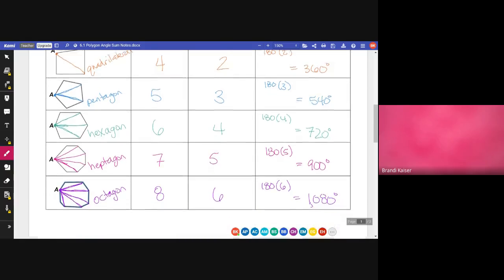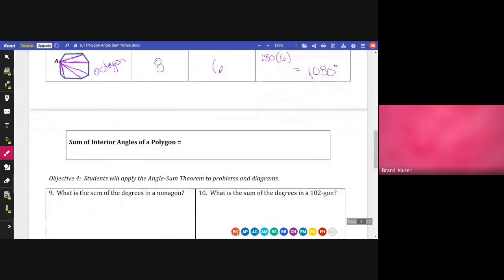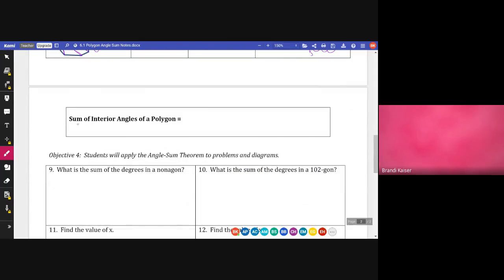So if you notice that pattern, we can put that together, and there's actually something called the interior angle theorem, where the sum of the interior angles of a polygon can always be found with this little formula. You could take 180, the number of degrees in a triangle, and multiply it by n minus 2, where n is the number of sides of the shape.